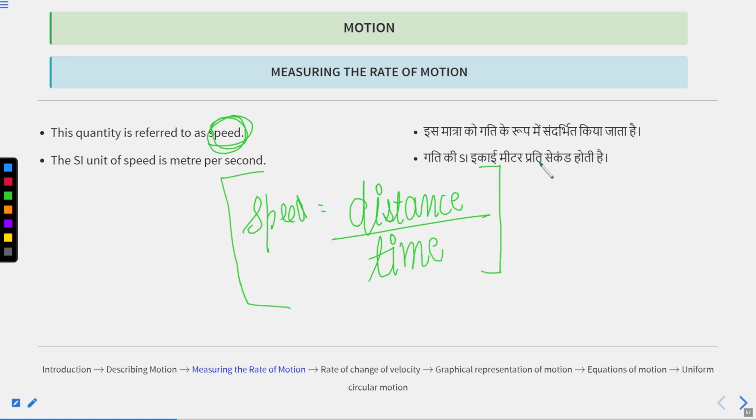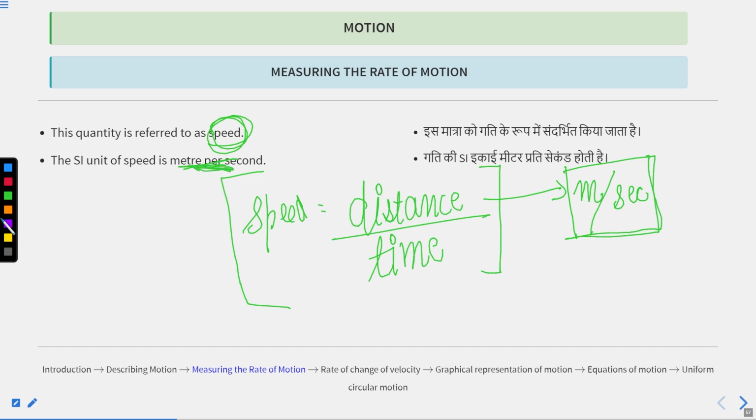Okay. And what is the standard unit of distance? The standard unit of distance is meter. And what is the standard unit of time? The standard unit of time is second. So the SI unit of speed is meter per second. The standard unit of speed is meter per second.